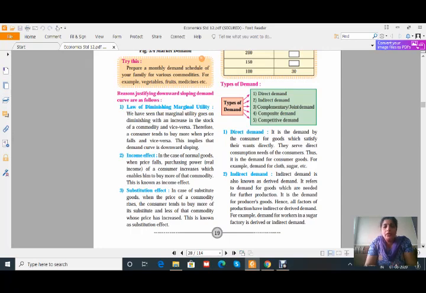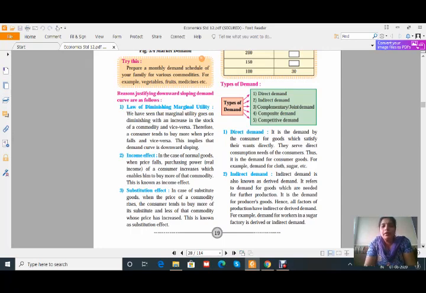For this, I have to give you one example. See, Pepsi and Coca-Cola. We can see they are close substitutes to each other. If I put both of them in a glass and show you, we cannot identify which is Pepsi and which is Coca-Cola, because they taste the same and look the same.